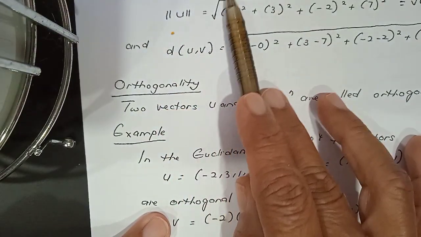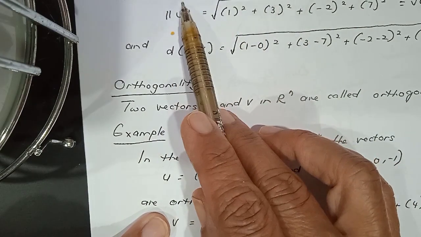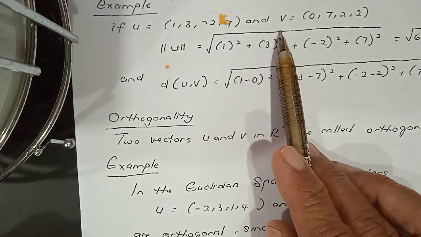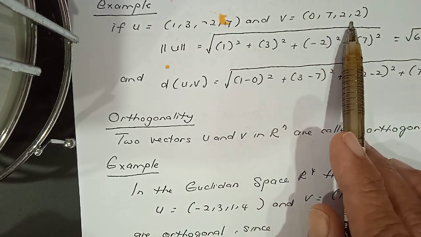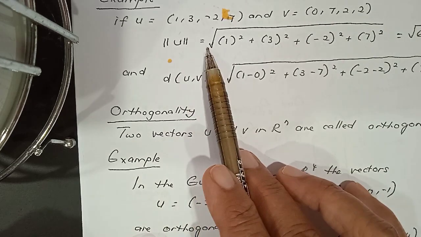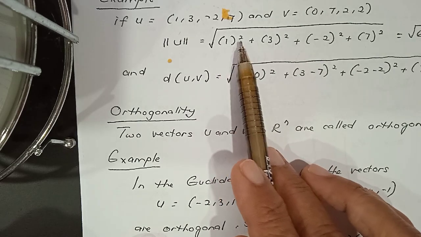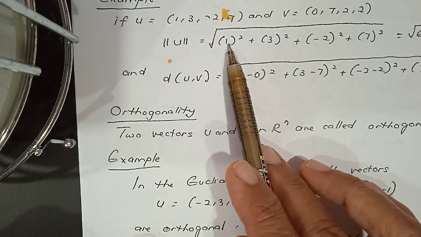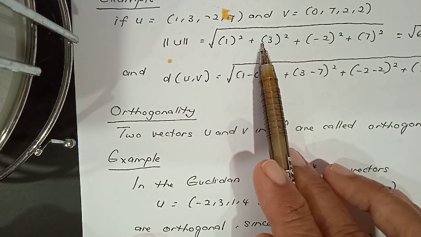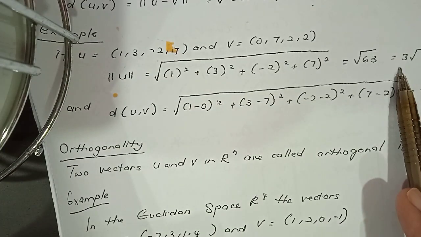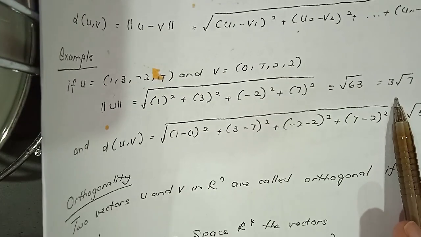Example. Let's say u is given by 1, 3, minus 2 and 7, and v is 0, 7, 2 and 2. The norm of u is given by the root of the summation of each component squared. So the answer is norm of u equals 3 root 7.